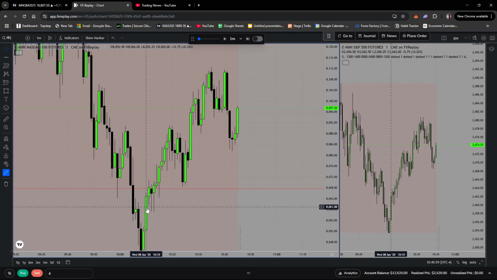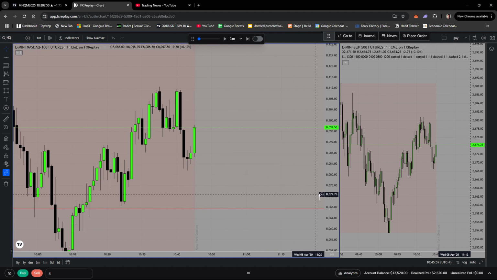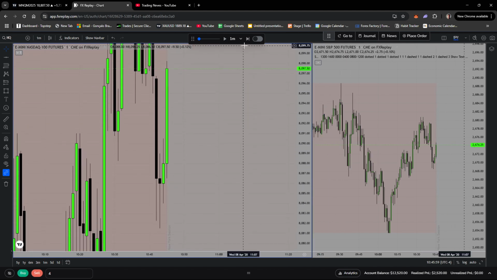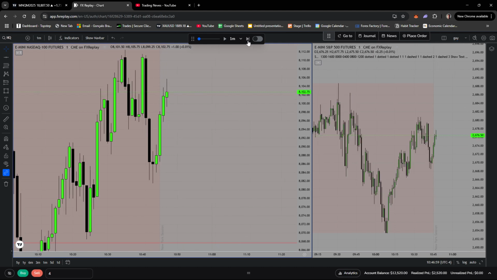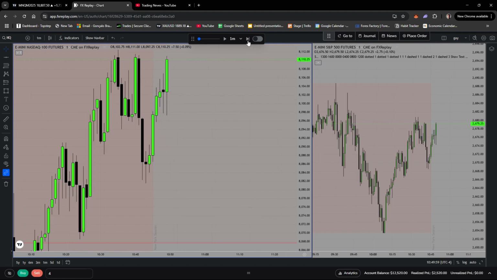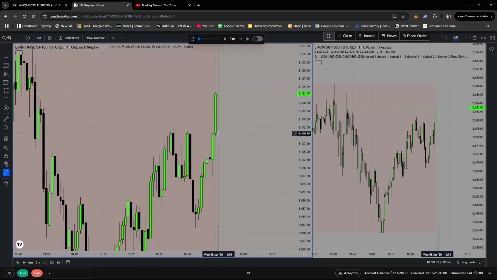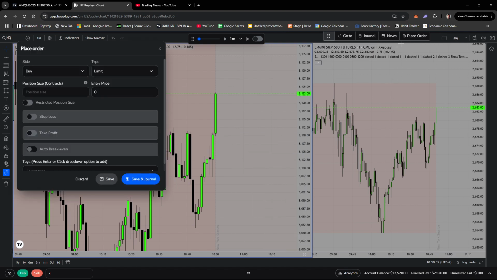We see we have order flow respecting gaps, disrespecting bearish gaps. Okay. I would still look for a buying position here. So we're going to place it. I like the displacement here. Left a volume imbalance. Let's copy the price, place an order.